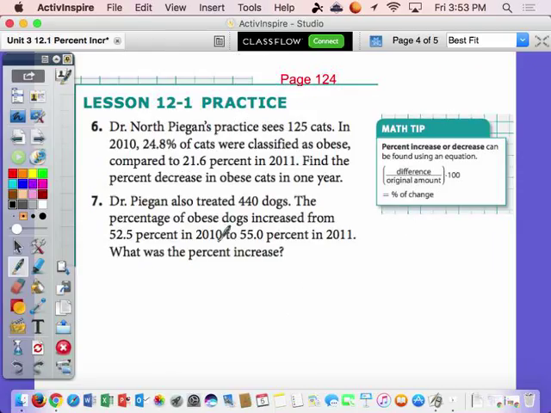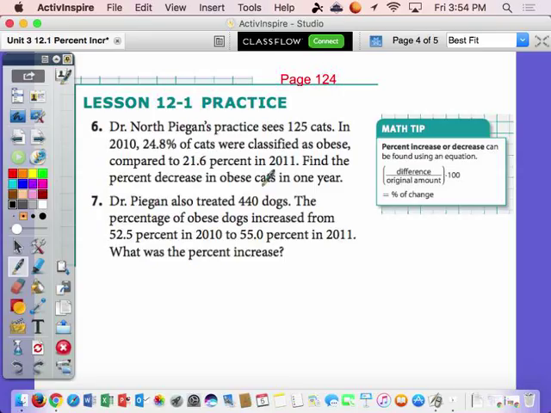All right? So looking at page 124 now, and I just pulled this math tip onto this page. If you want to write it down on that page, that's perfectly fine as well. So Dr. Norris Pigeon's practice sees 125 cats in 2010. 24 and 0.8% of cats were classified as obese compared to 21 and 0.6% in 2011.